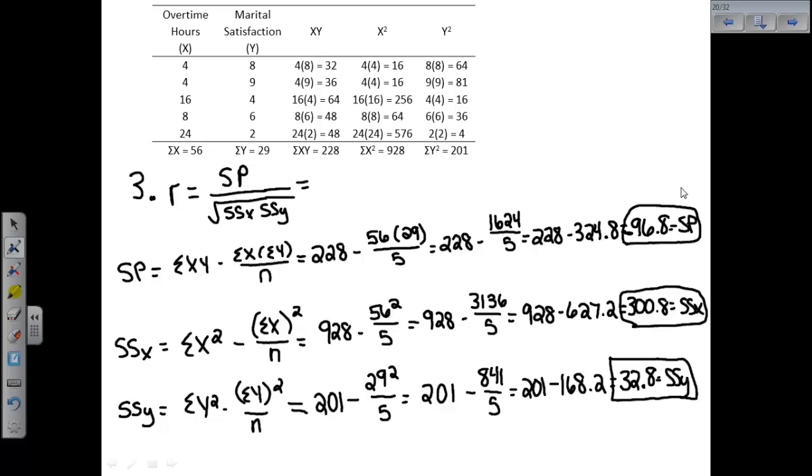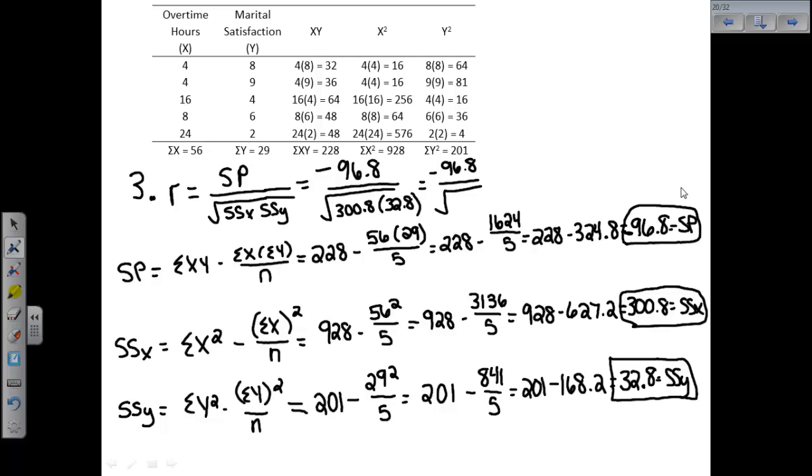So now let's plug in all the numbers that we just found. So negative 96.8 divided by the square root of 300.8 times 32.8 equals, okay, negative 96.8 divided by the square root.